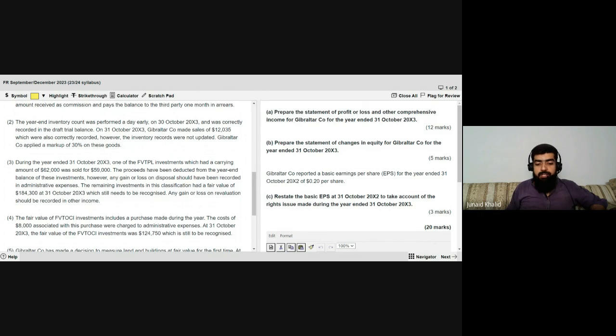The proceeds have been deducted from the year-end balance of the investment. It means the 59,000 that you have received has already been deducted from the investment.